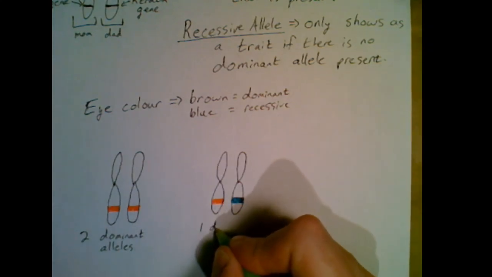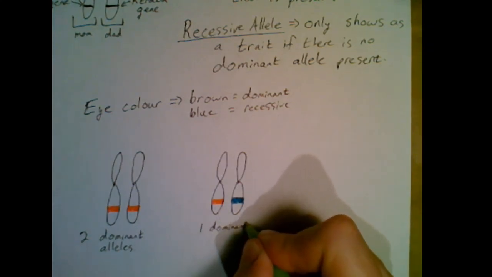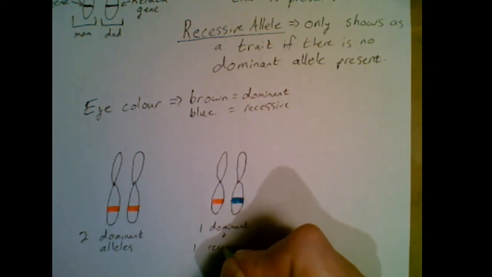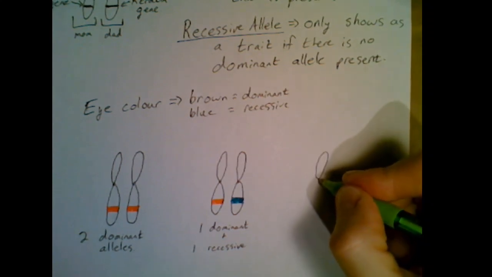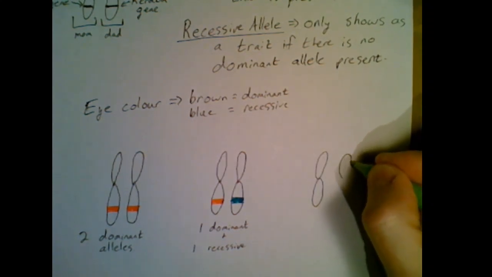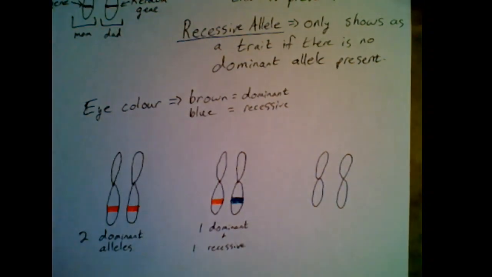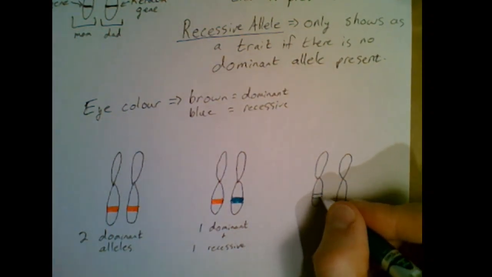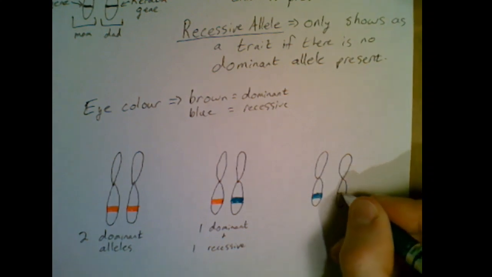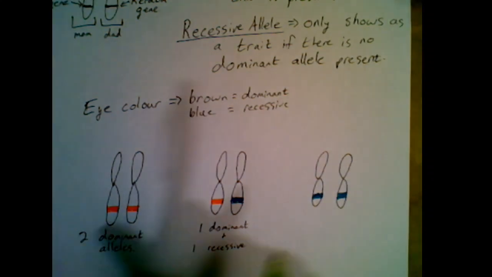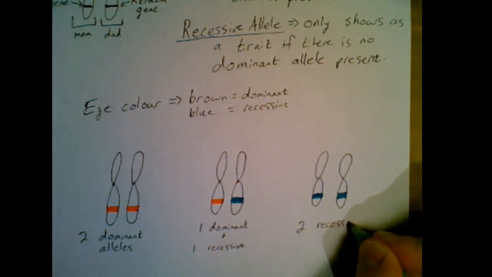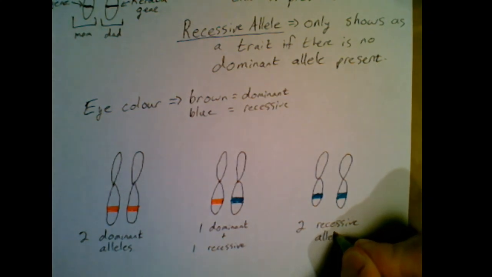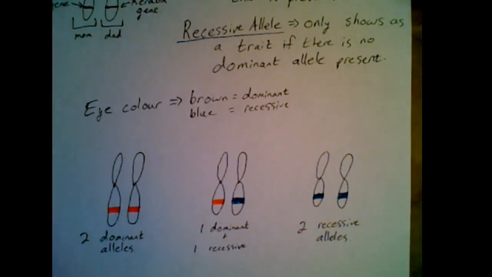But then you can also have a person who inherits two blue-eyed alleles. They have two recessive alleles.